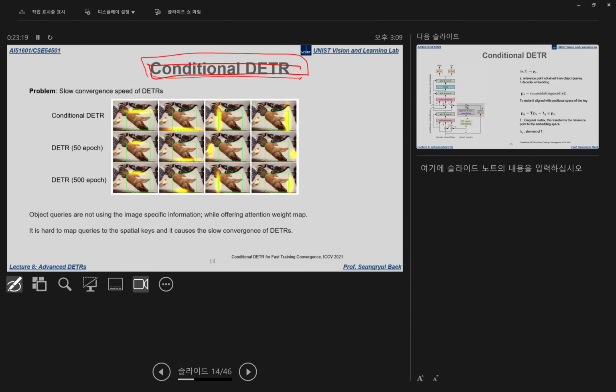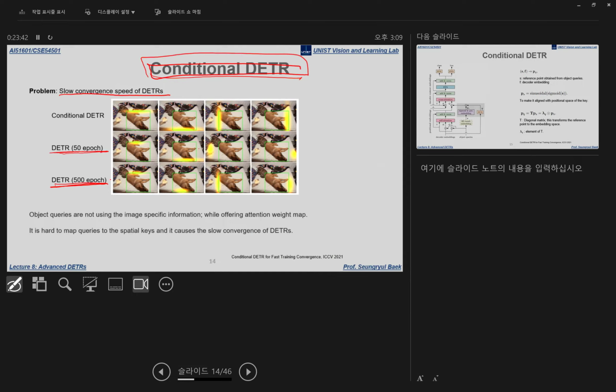So the problem the paper mentions is the same as in Deformable DETR, the slow convergence speed of the DETR. And this is the DETR trained for 50 epochs. And this is the DETR's result trained for 500 epochs.